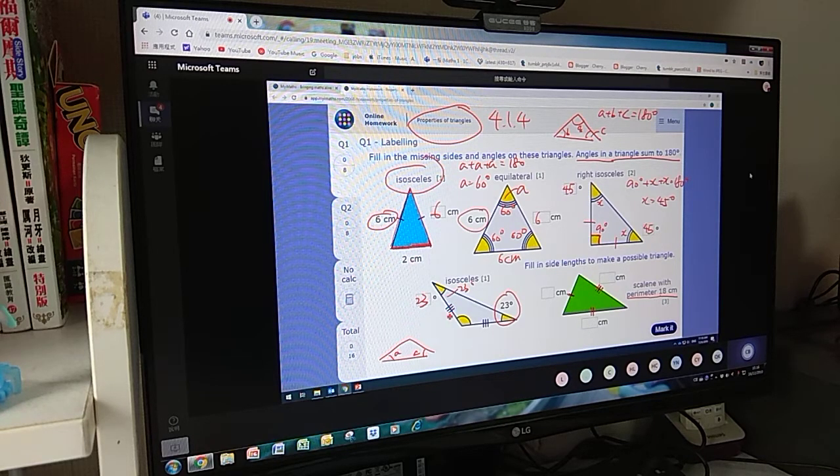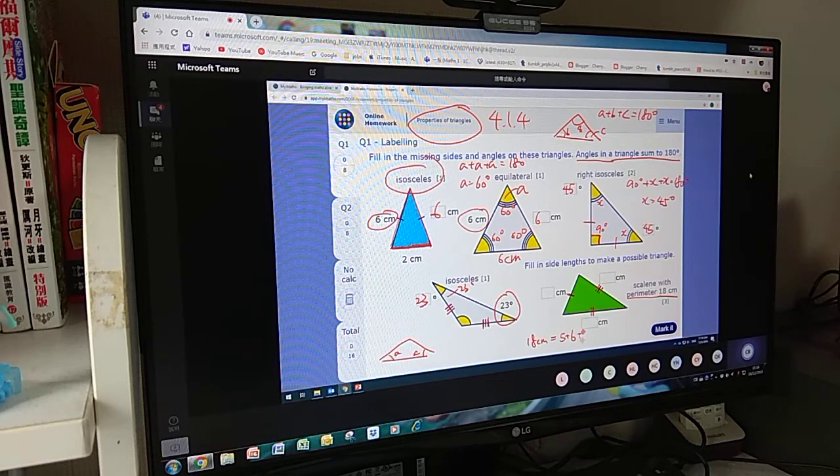Okay, so similarly, if we have this side and this side, that means this side and this side are equal. Okay, so I assume all the sides are integers, 整數. So what is the possible combination of 3 integers that add up to 80 cm?